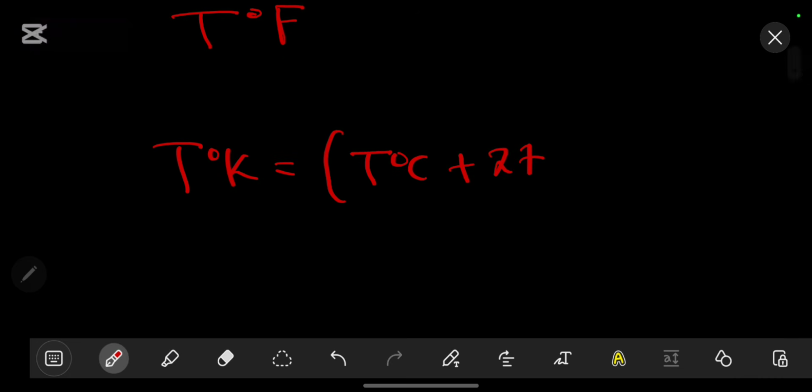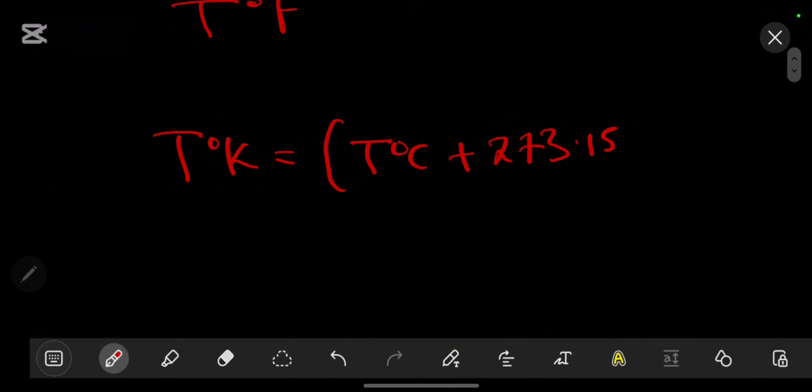Let's say you want to convert to temperature in kelvins. It shall be equal to the temperature in degrees Celsius plus 273.15 degrees Celsius, then you multiply times 1 Kelvin over 1 degree Celsius.